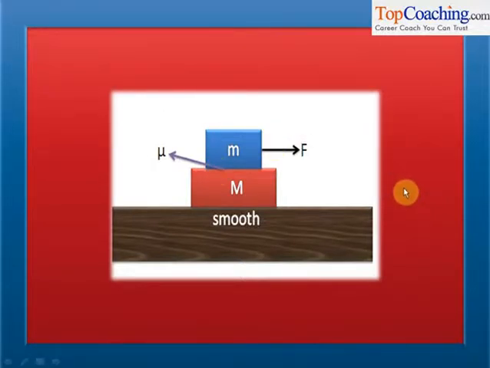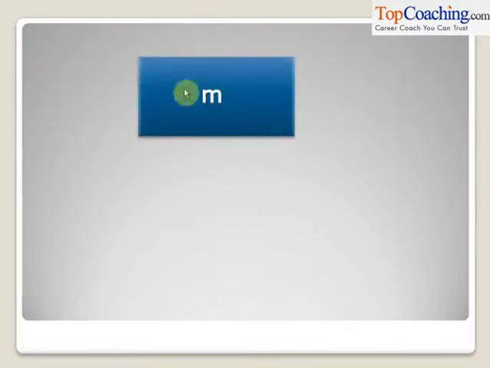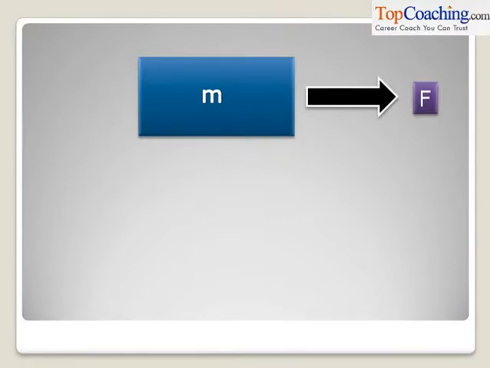What is happening? Let us draw the free body diagram of the mass small m first. A force capital F is acting towards the right on this mass small m. The friction force will act on this small mass m towards the left. That is because if there was no force of friction, what would have been the motion of mass small m?